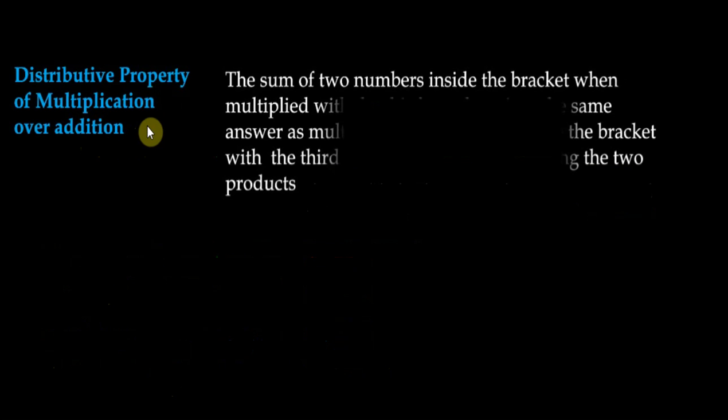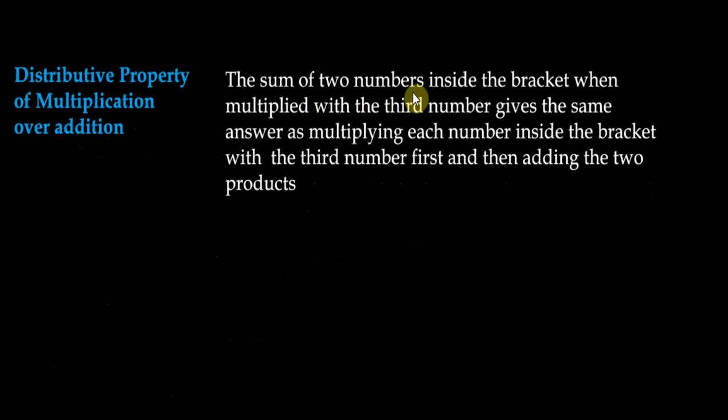Now the third property of multiplication is the distributive property of multiplication over addition. So let's see what this property says. It says the sum of two numbers inside the bracket when multiplied with the third number gives the same answer as multiplying each number inside the bracket with the third number first and then adding the two products.